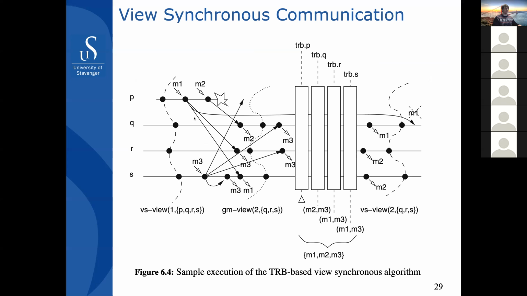Process S has M1 and M3, and this is also seen here. Aggregated together, this is M1, M2, M3. Process P didn't see any messages, so it has this delta or nil value here. And yes, it's also crashed.